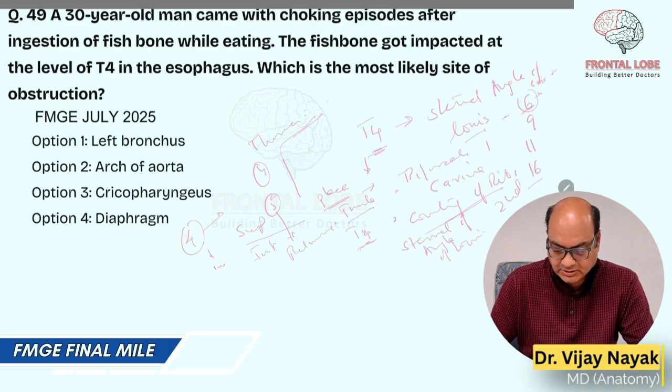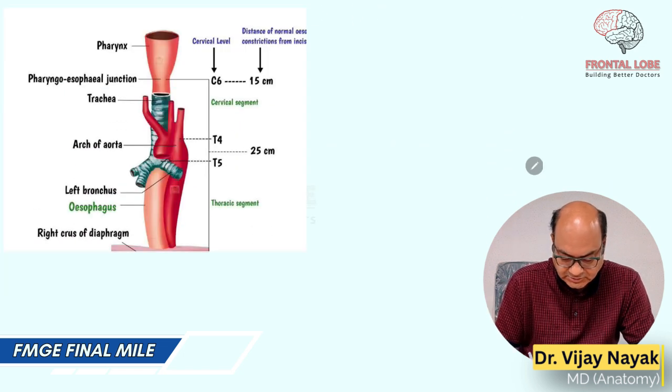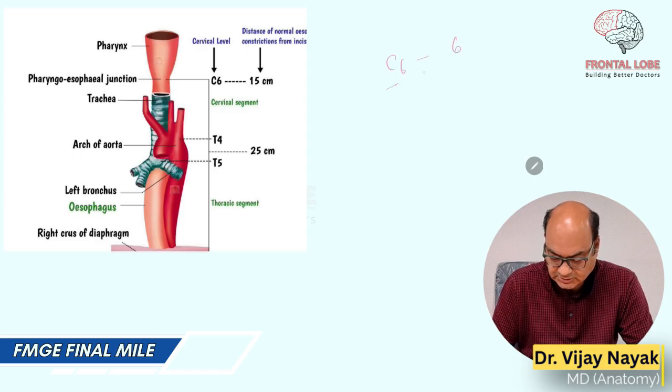I will explain on this diagram. The cricoesophageal junction is at C6, and it is 6 inches. Since 1 inch is 2.7 centimeters, it is 15 centimeters away from the incisor. This is the first constriction of the esophagus.